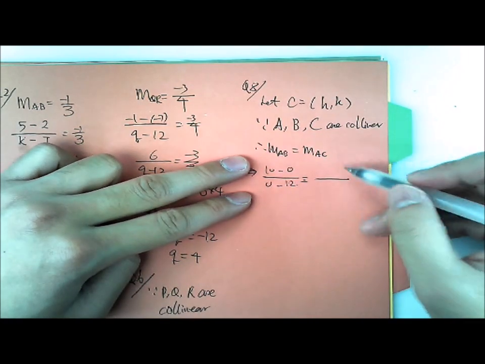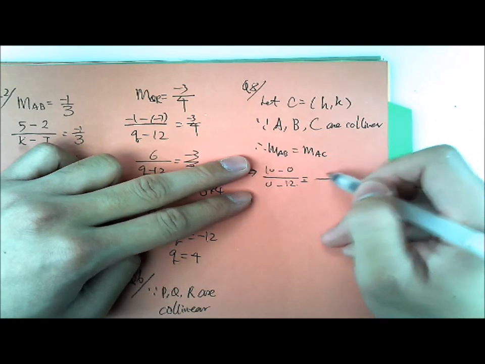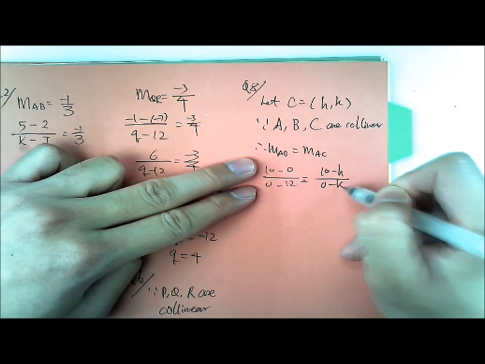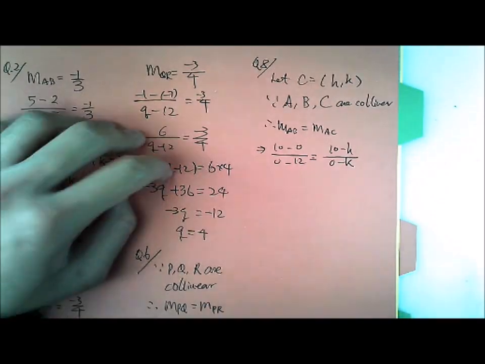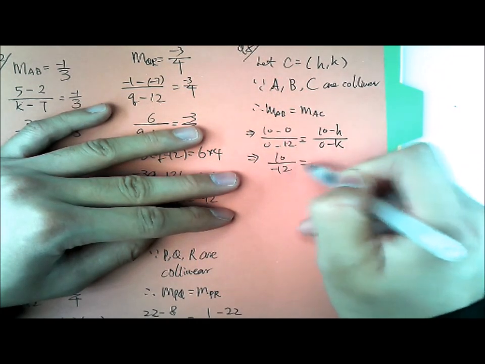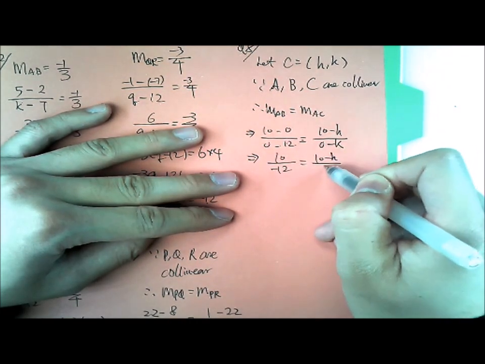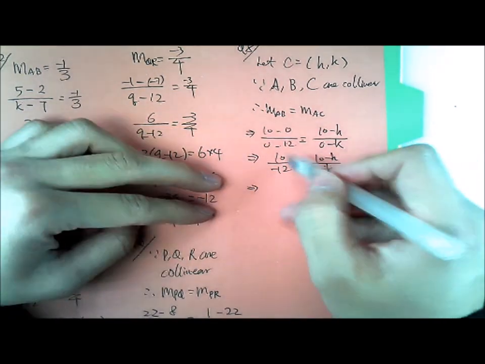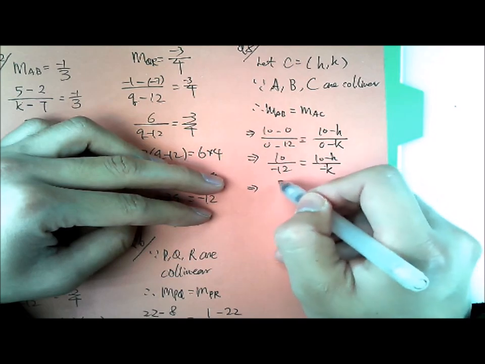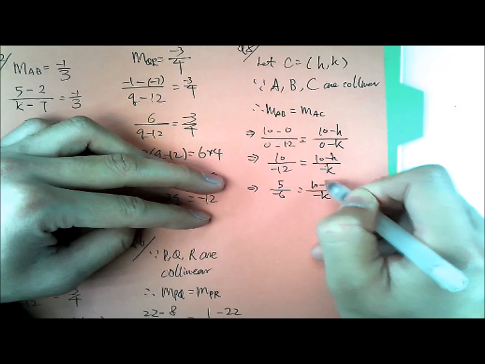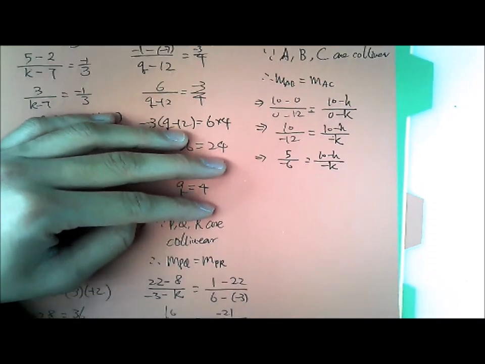For the AC, the same: 10, 0 minus H, K. So here we have 2 unknowns, but no worry. This 10 minus 12, 10 minus H, minus K. So here you can do some simplification first, like this.